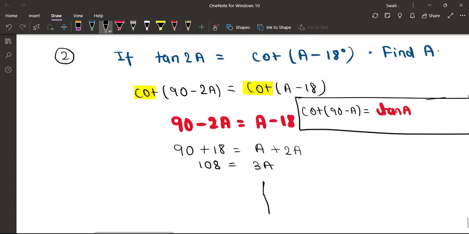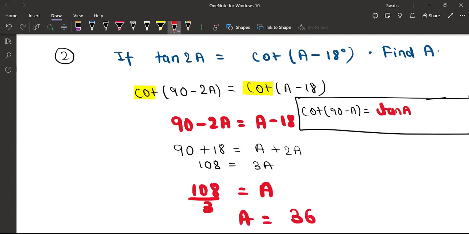So what is the value of a? Will it not become 108 by 3? Right? Yes. So what is 108 by 3? If you divide this, it will become 36. That is what we wanted to find. We wanted to find the value of a, and we have got 36 degrees.